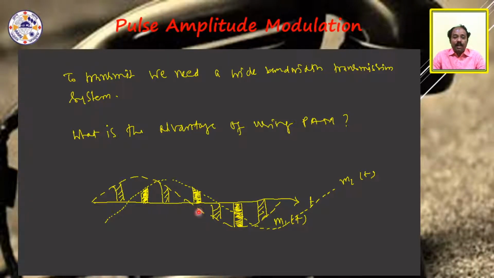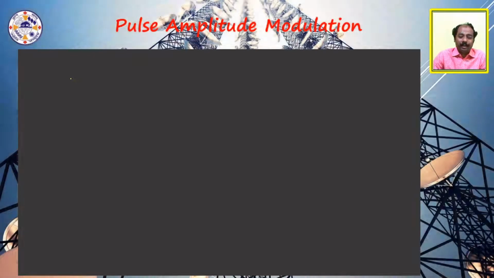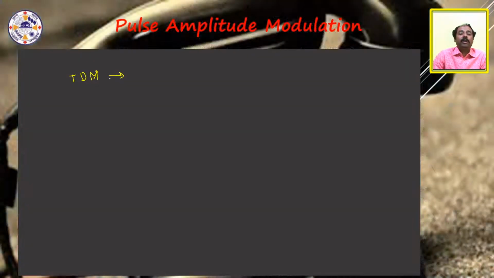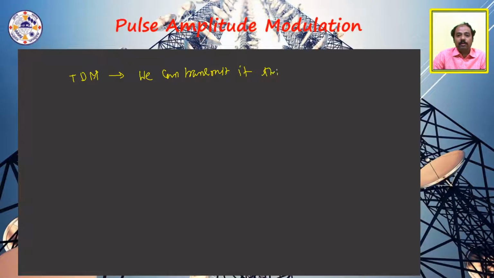Okay. So now I can just transmit this time division multiplexed signal through the channel.